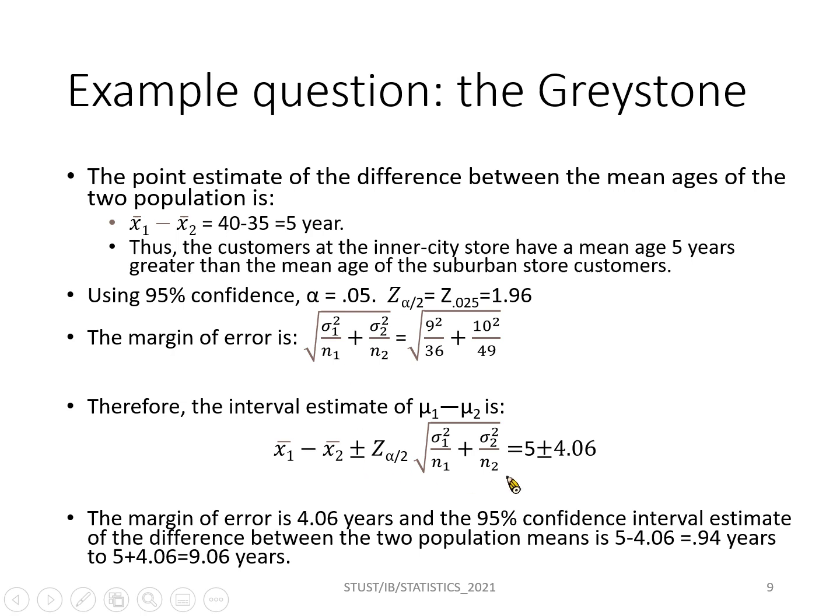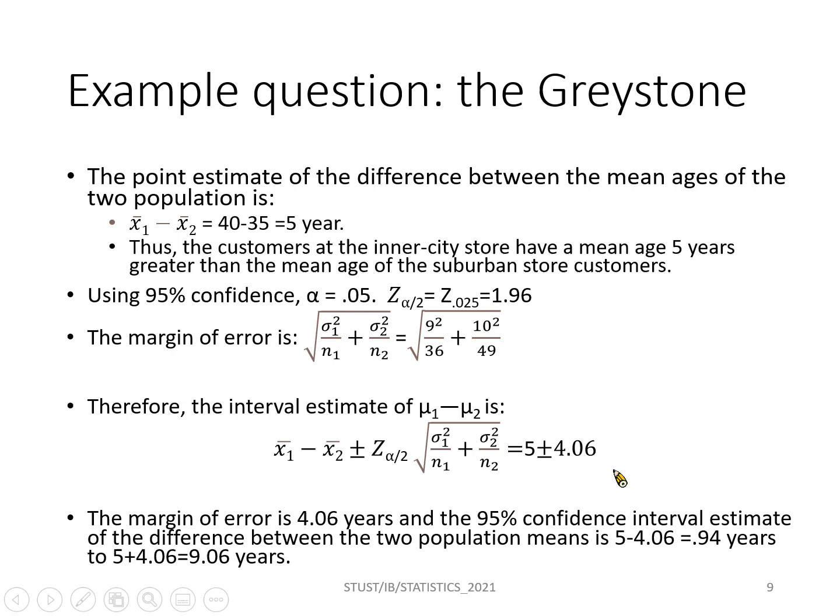Then finally, based on the point estimate and the half alpha value of z, and the standard error of x1 bar minus x2 bar, you will get the interval estimation, that is 5 plus or minus 4.06, and 4.06 is the margin of error.